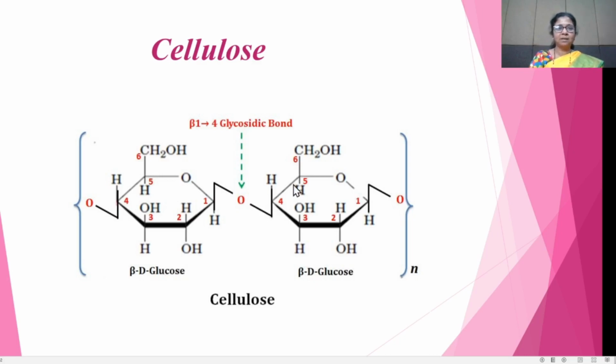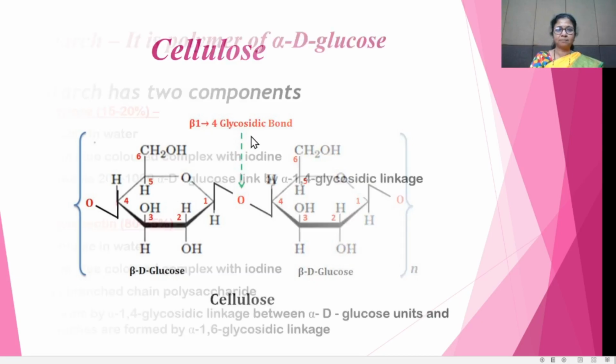In this way, in cellulose, there is the formation of a beta 1,4 glycosidic bond.